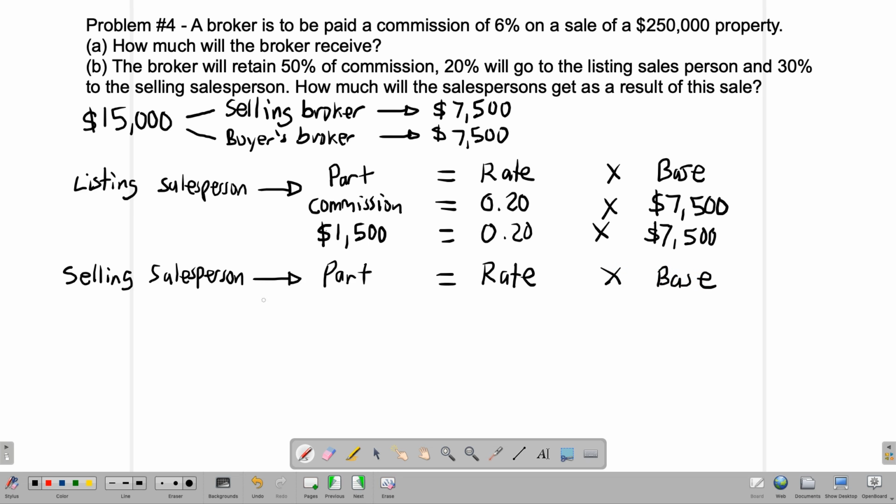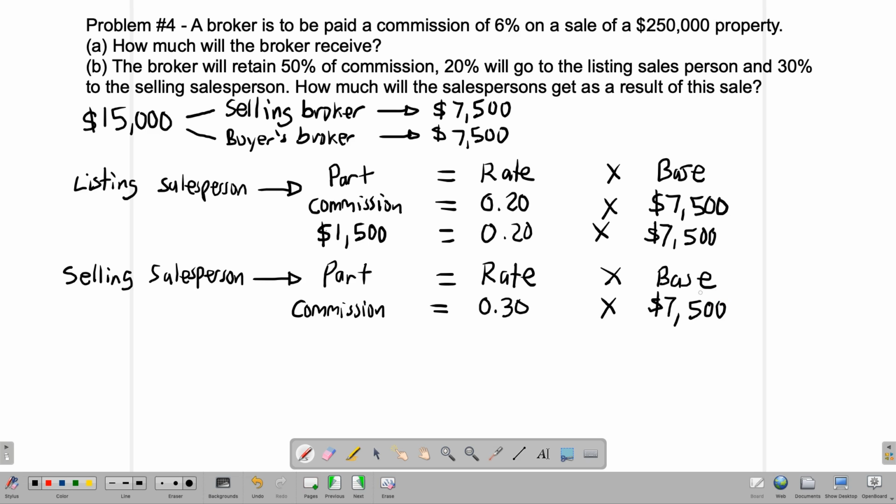Once again, the part is going to represent the commission. In this case, the selling salesperson is going to receive a rate of 30%, and their broker also received their half, which would be 7,500.